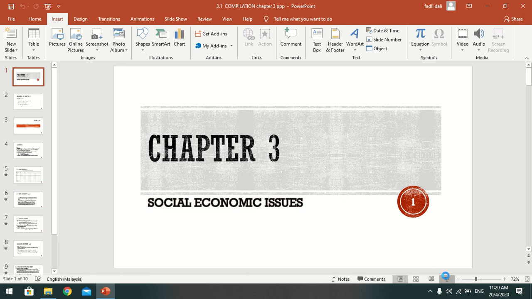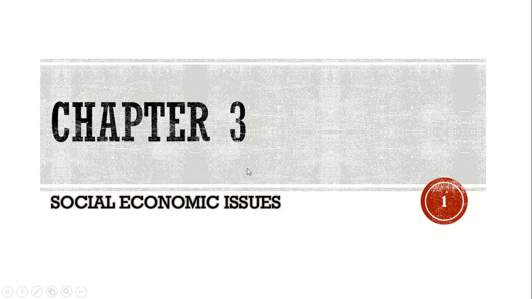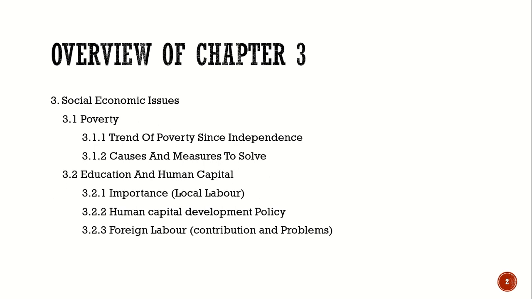So before we begin, I think it is good for us to look at the overview of chapter 3. This topic is divided into two subsections called poverty, and also education and human capital. This slide is designed specifically for poverty, meaning that the subsection education and human capital will be discussed in another slide.